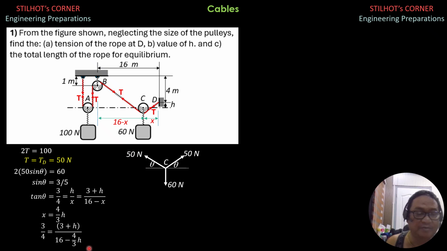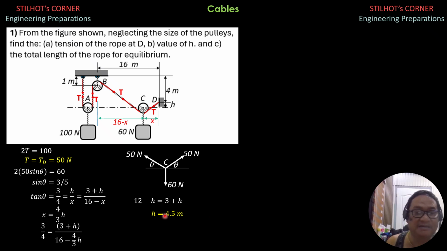Then we cross multiply. 3/4 of 16 is 12. Then 3/4 times negative 4/3 h is negative h, so 12 minus h. The right side is 3 plus h. So 12 minus h equals 3 plus h. So that means 12 minus 3, 9, equals 2h. So h is 4.5, or 9/2, 4.5 meters.